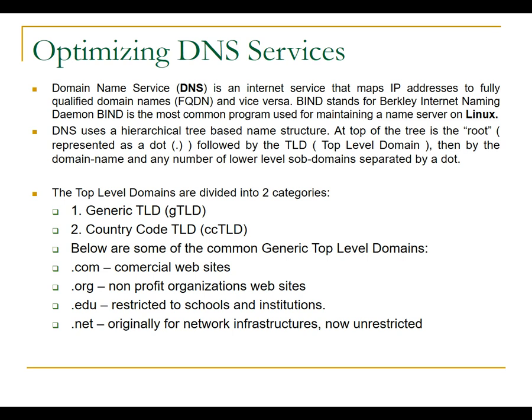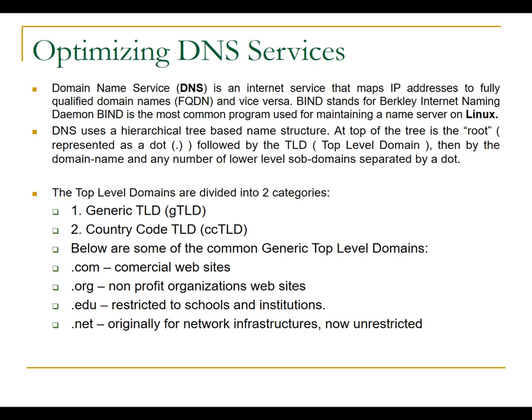In short, here I would like to conclude today's lecture, but I am repeating what I have said about DNS. DNS means Domain Name Service. Basically, it is of two types, generic and country domain.